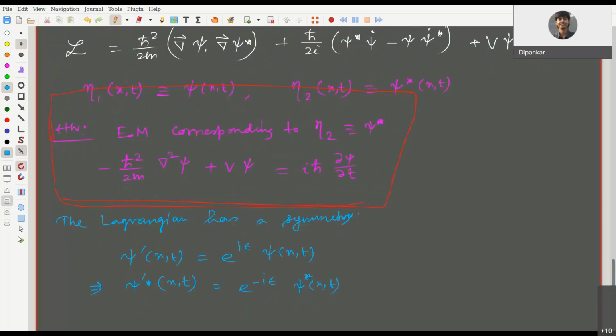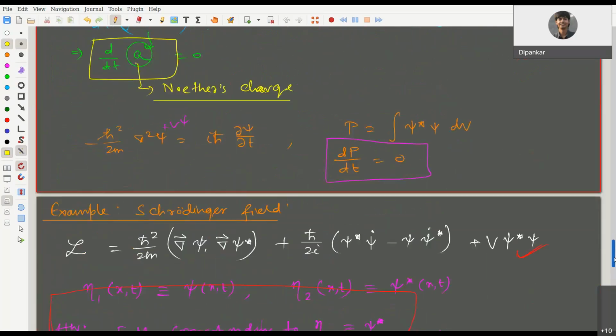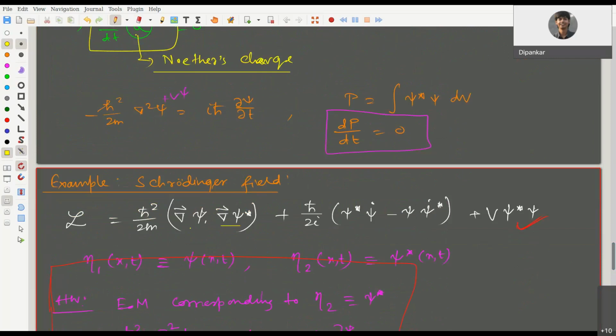If you replace psi with psi prime and psi star with psi prime star here, then in each and every term e to the power plus i epsilon and e to the power minus i epsilon will cancel out, and you will have the same Lagrangian. So this Lagrangian has a symmetry.